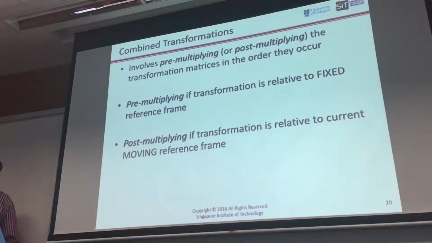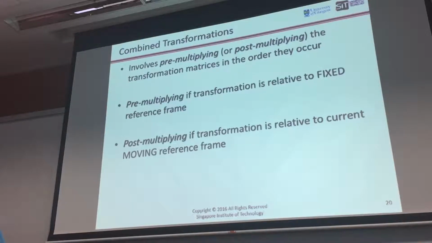You always have a before and after transformation frame, and you will have successive transformations. You may not have just one, you may have 2, 3, 4, for example. If you are going to make your fixed frame the reference for all subsequent motions, it should be pre-multiplied. We will go through this with an example to highlight this.